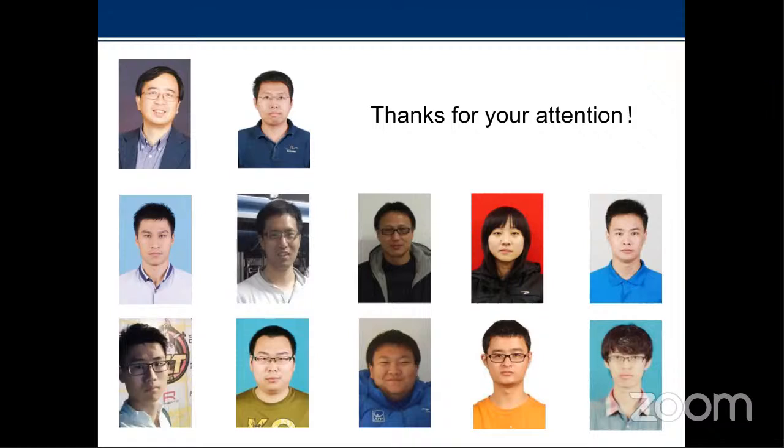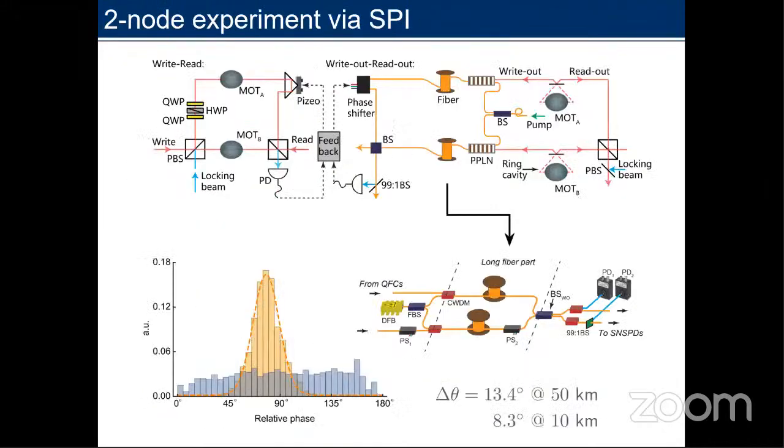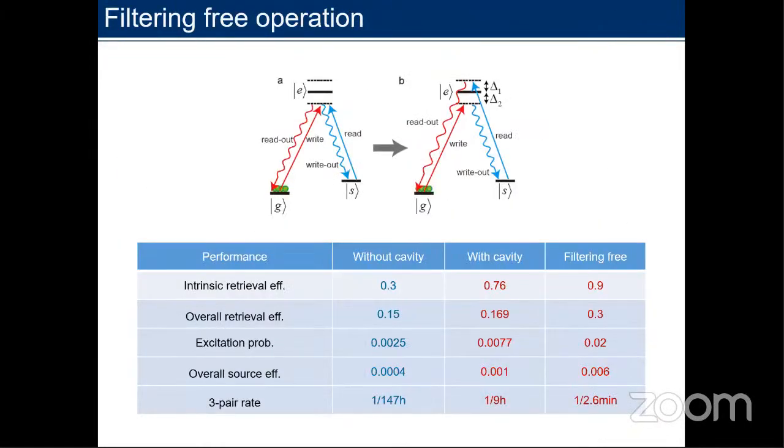Okay, so I will make a brief explanation. Just switch to the slides. Okay, so the left scheme is our previous scheme. You see that by applying the red beam, there will be a Raman scattered read-out photon.